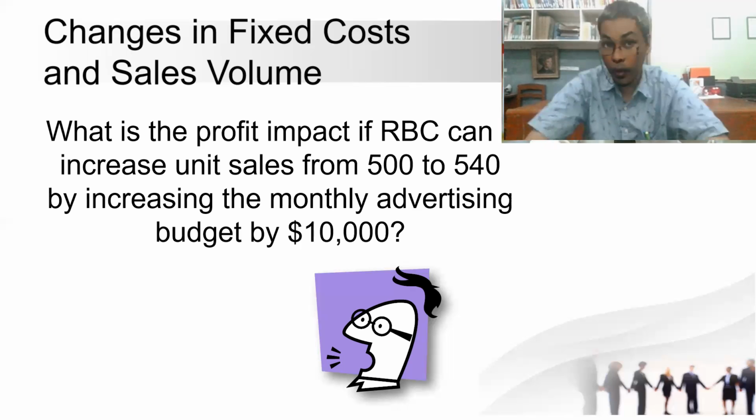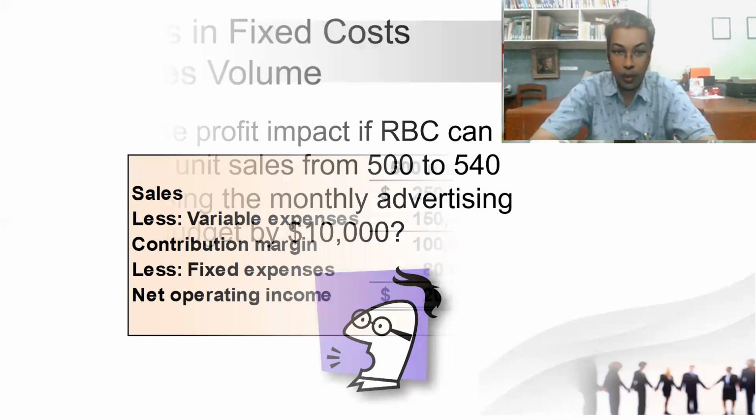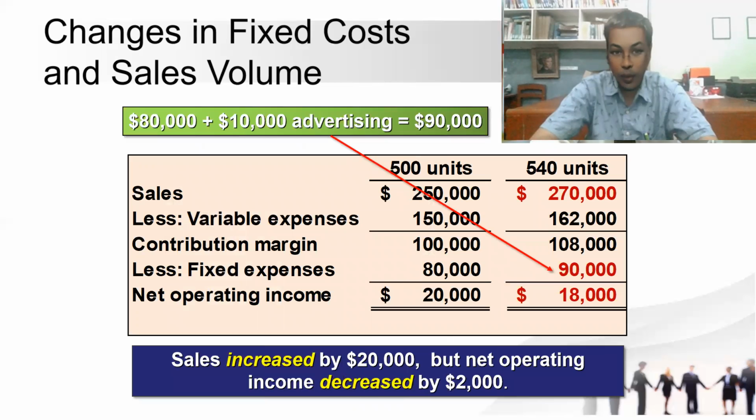We need to know, this is now planning, is our advertising worthwhile? Changes in fixed cost and sales volume. 80,000 is our fixed cost plus 10,000 advertising, the total is 90,000.